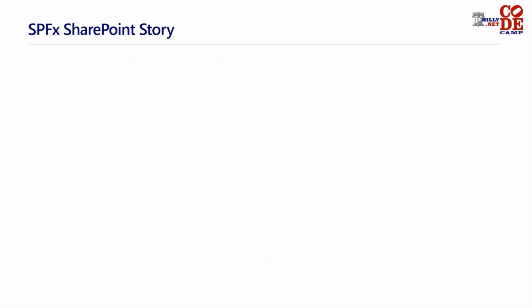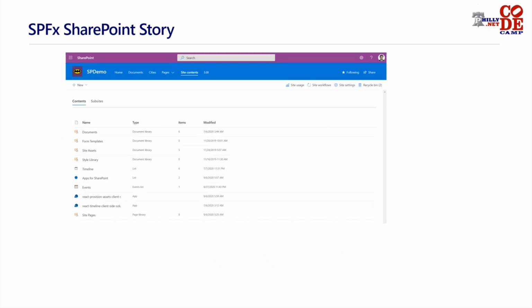So let's have a quick look at the SPFx or this SharePoint story. We have been using SharePoint mostly to store our data, and that data can be in the form of lists or libraries. For example, if it is a list, we can create our own content types and then define our information architecture, how we want to store the entire information in those lists.